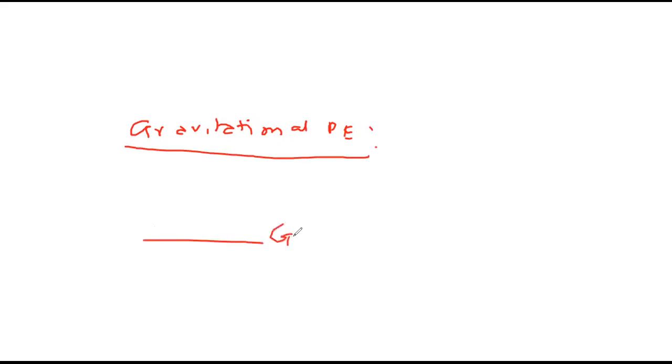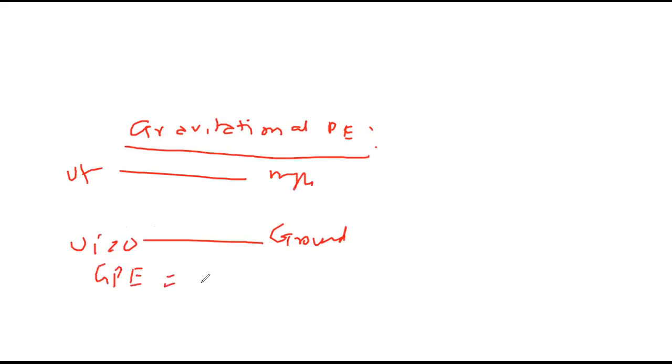If I consider the ground as 0 gravitational potential and the final as mgh, then gravitational potential energy is given by minus G m1 m2 by r. R is the distance from the center, and if the ground is the reference, then mgh.